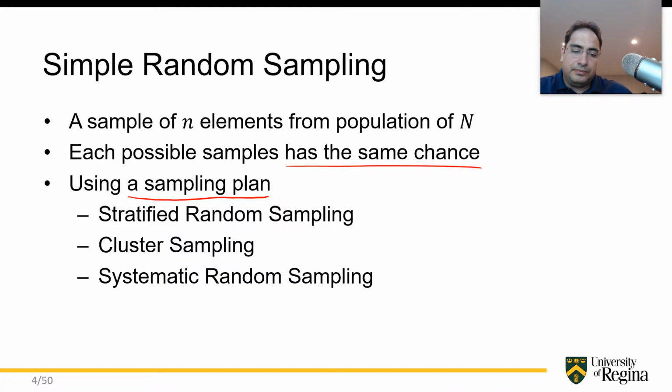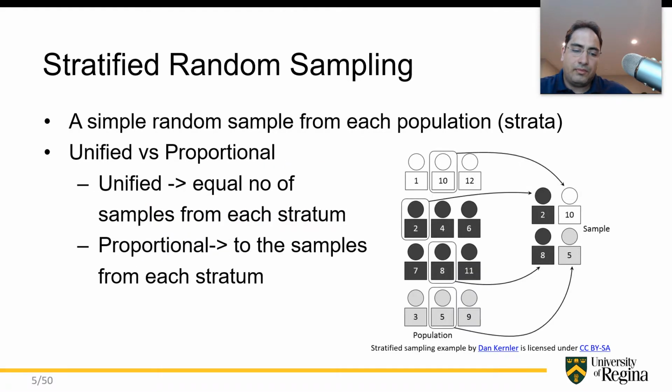So let's talk about some of them. In stratified random sampling, instead of getting a random sample from the whole population, you first create some groups called strata. Each stratum is a group or class of individuals from the population, and each of those strata may have a specific category.